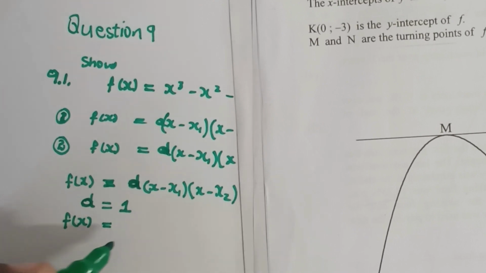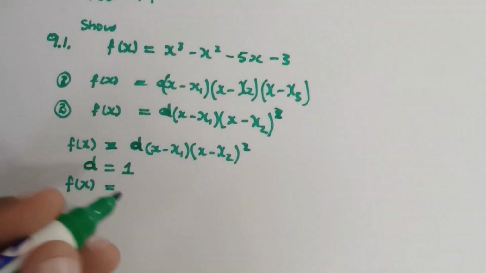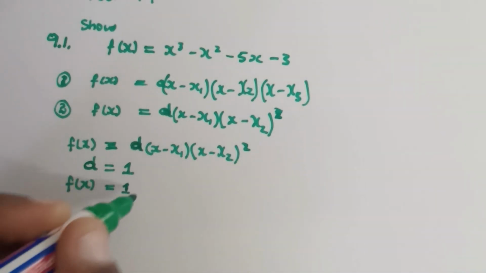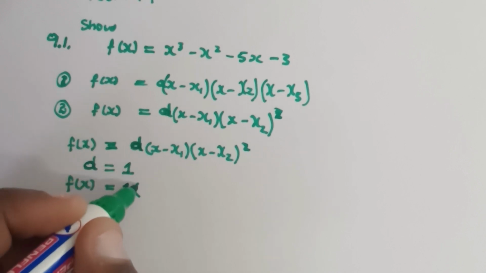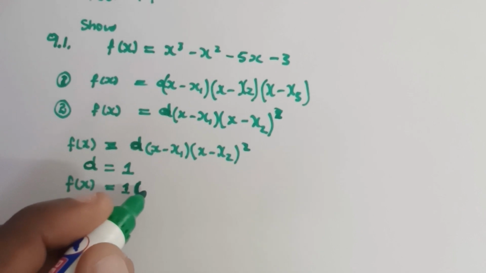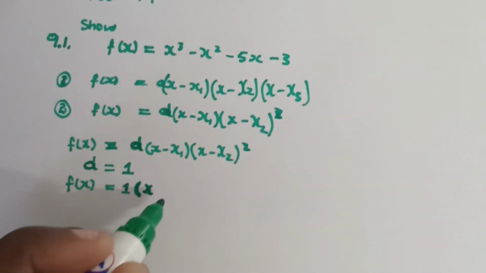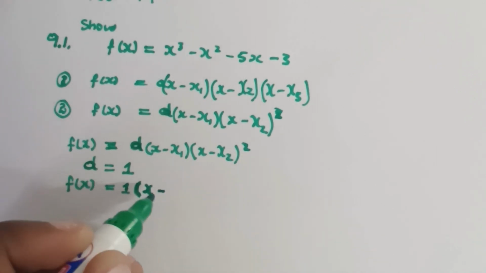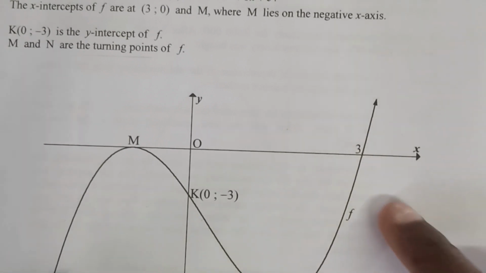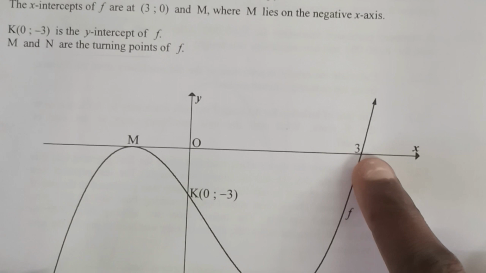So here f of x is equal to a times... we can write a 1, but there is no need to write 1 because we don't usually write 1 in mathematics. So it's x minus our x1 here. Take note, our x1 is 0, our 3 is 0, so that is our x-intercept.